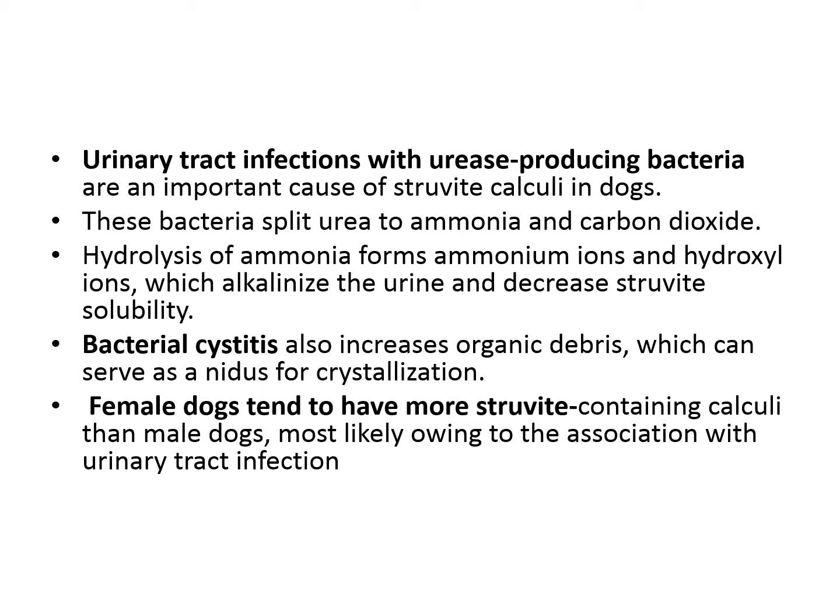So this urease enzyme of the bacteria can convert the urea into ammonia and carbon dioxide, and the hydrolysis of the ammonia can further develop into ammonium ions and hydroxyl ions.